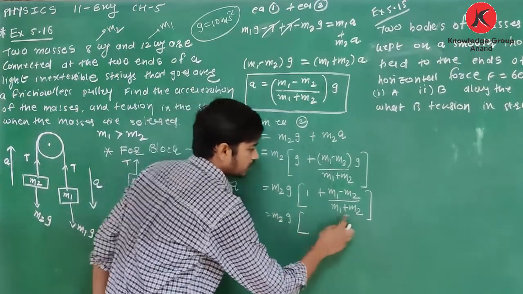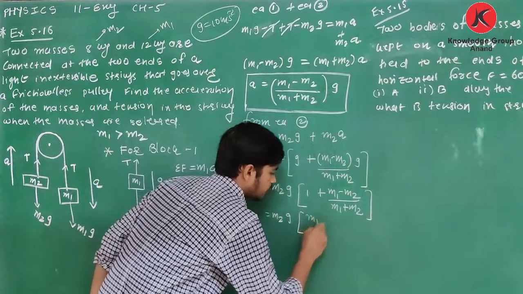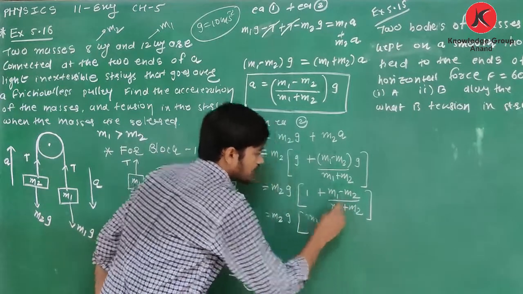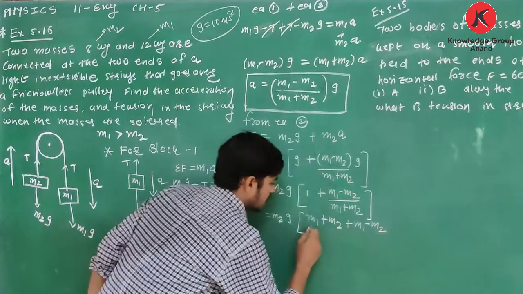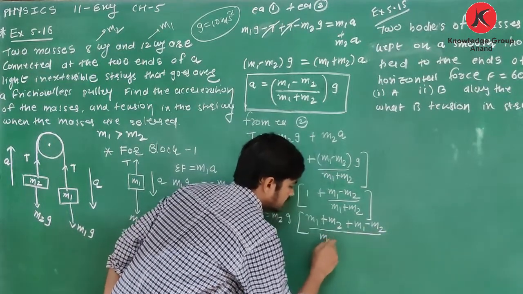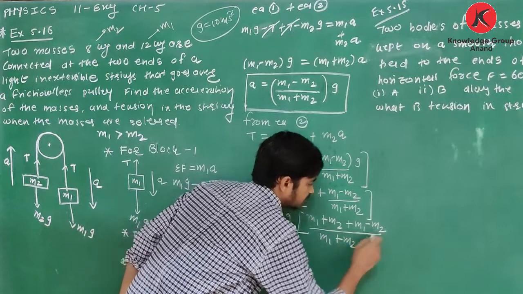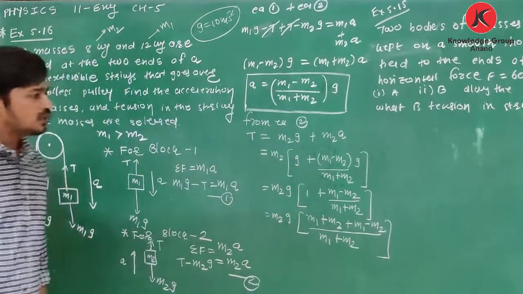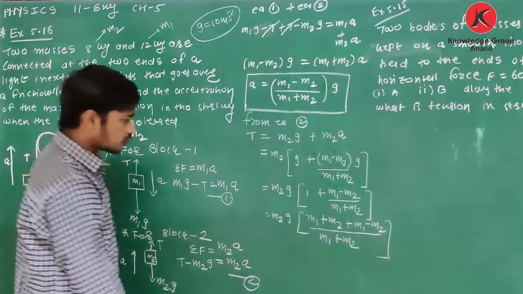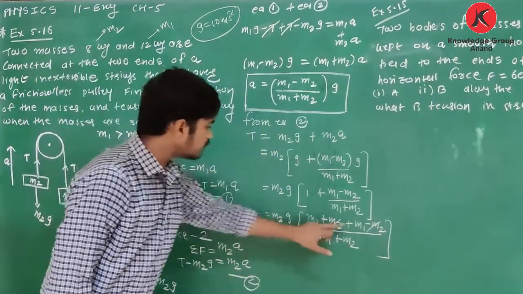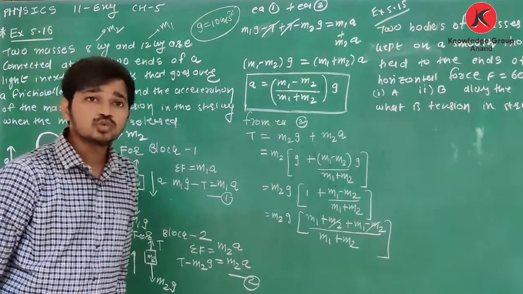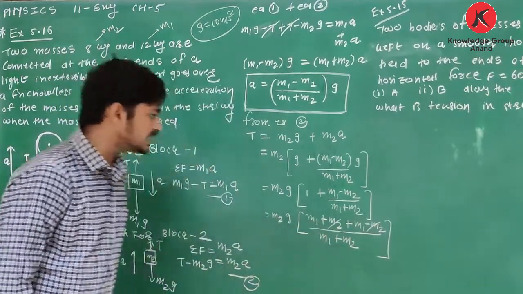Now it is M2G. Simplify this term: M1 plus M2 multiplied with this term M1 plus M2, and this term as it is, M1 minus M2, divided by M1 plus M2. Clear? So now M2 cancels. M1 plus M1 is 2M1.